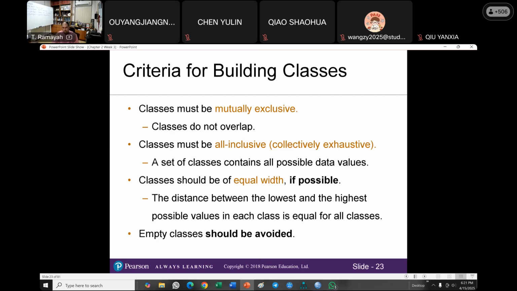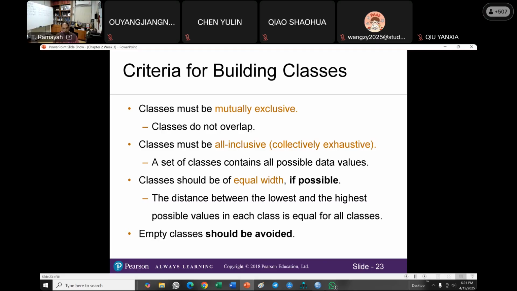Some of the criteria for these classes is that your classes do not overlap. If you have class 1, class 2, class 3, each class must not overlap. And all these classes must be inclusive, or collectively exhaustive. That means each value you have in your data set must belong to one of the classes.